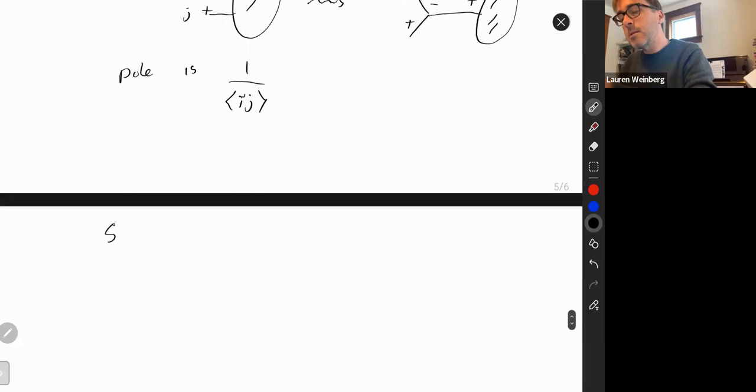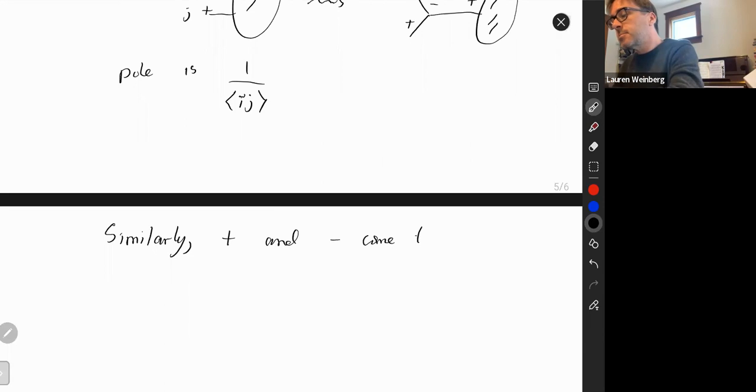Similarly, when plus and minus come together, we get a minus with 1 over ij.